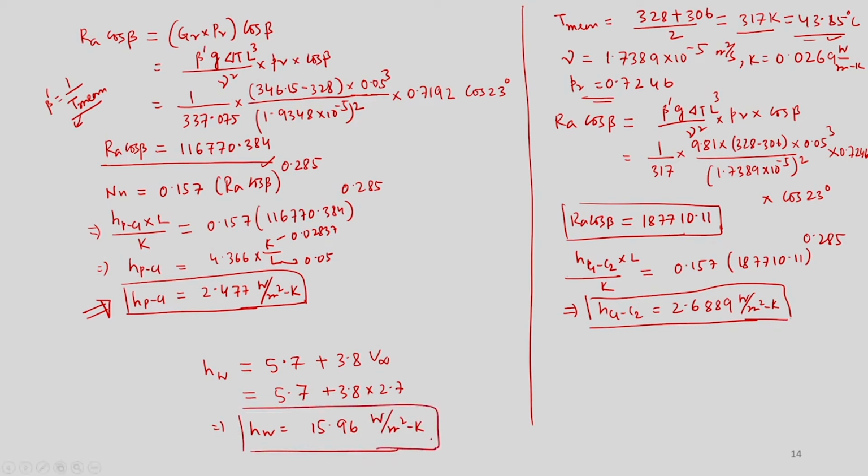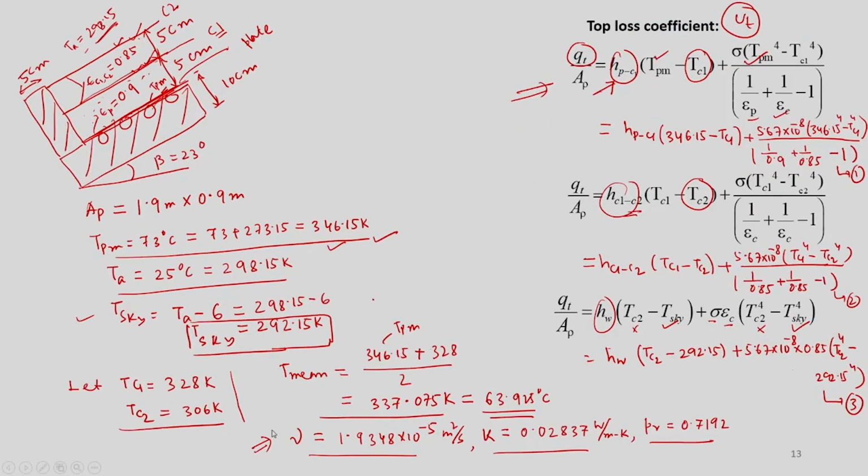So, we know now Hc1-c2, then Hw. Now go back to our expression. These values are calculated now, this is known, this is known, this is known, and these are the assumed values.